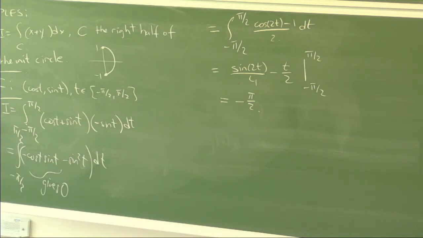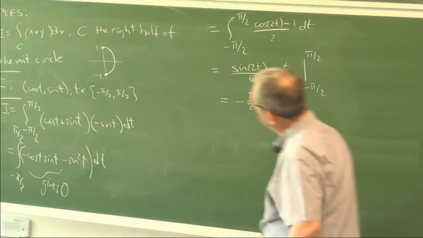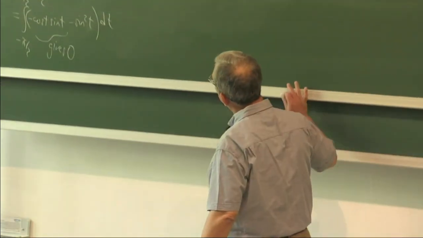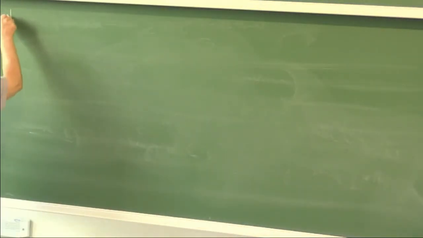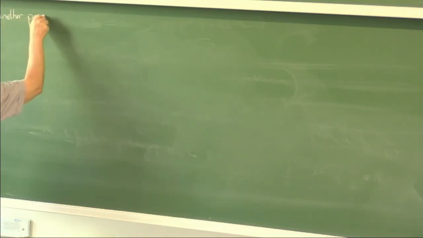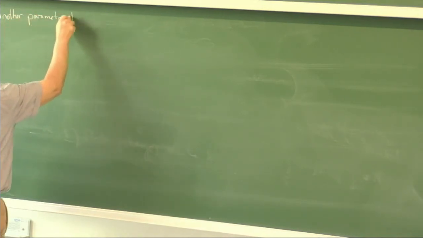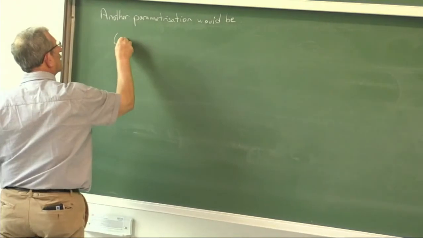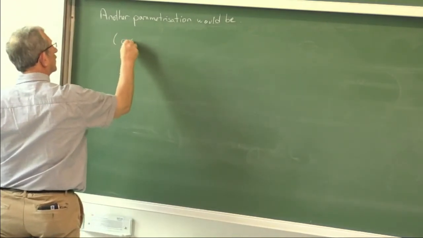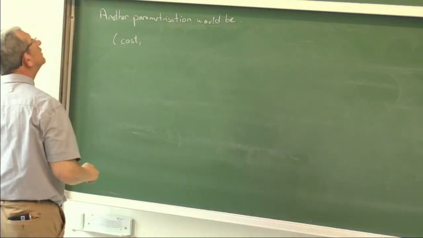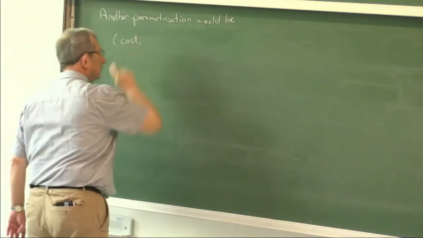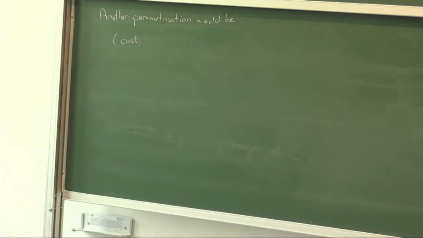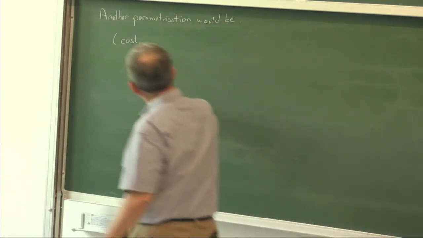Now, another parametrization would be, say, cosine t and minus sine t.